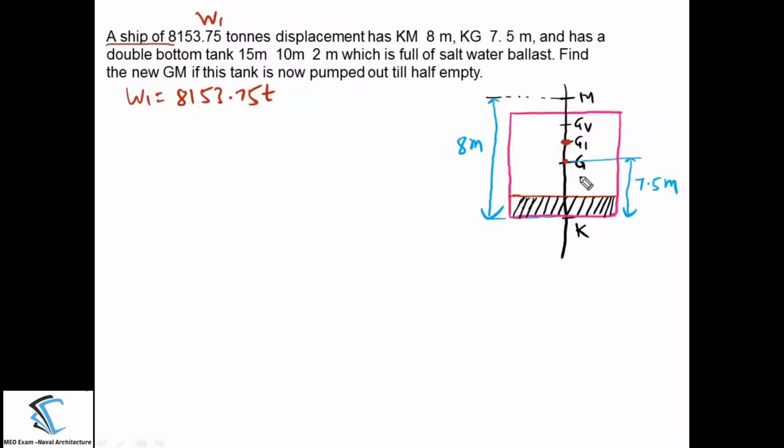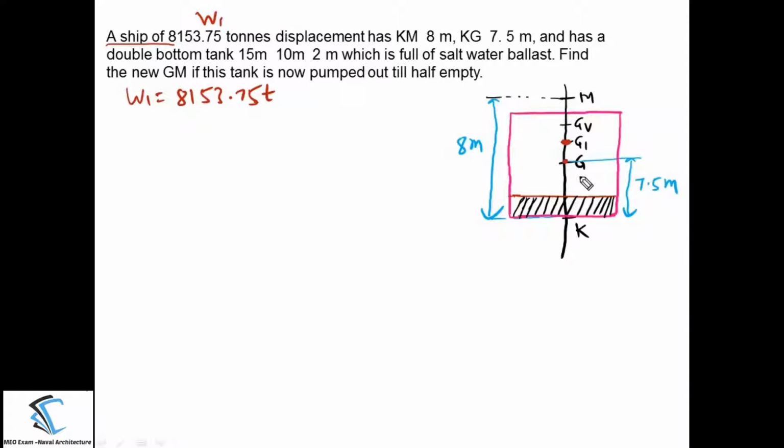This is happening because of the removal of the water, or because of pumping out the liquid from the double bottom. But when the water is pumped out, the double bottom now has the free surface effect. And because of the free surface effect, there will be some virtual rise of the center of gravity, and that will be from G1 to GV.